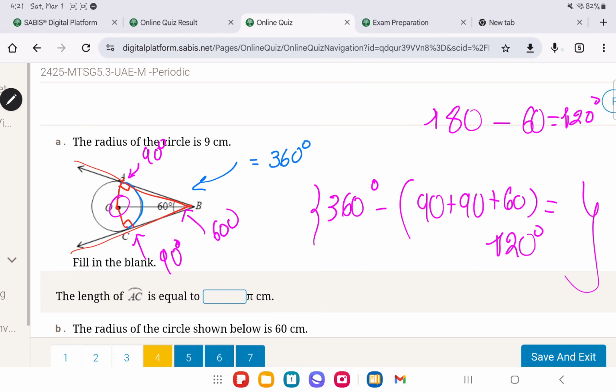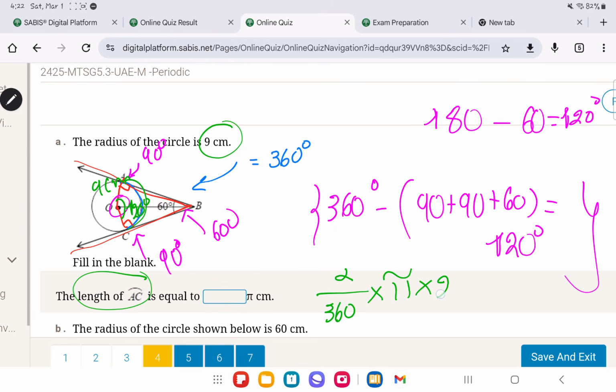Okay, now you have this angle over here to be 120 degrees. And they told us that the radius of the circle is 9 centimeters. They need us to find the length of the arc AC. We know that the length of any arc is angle over 360 times 2 times pi times r.